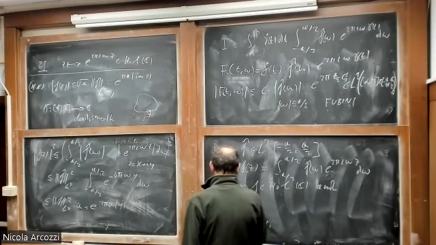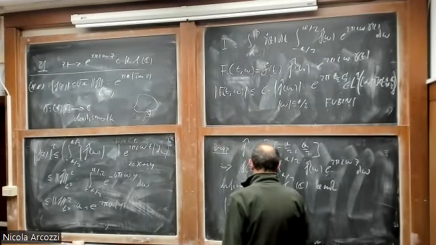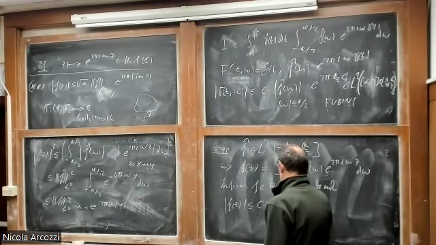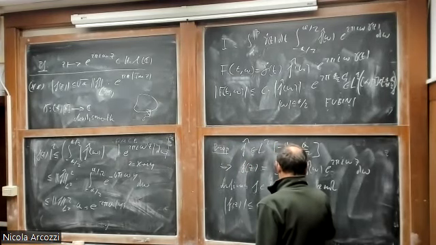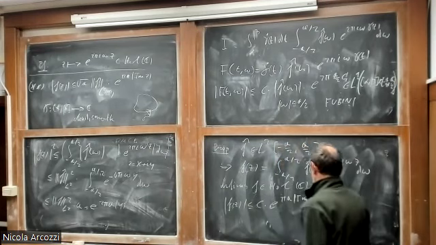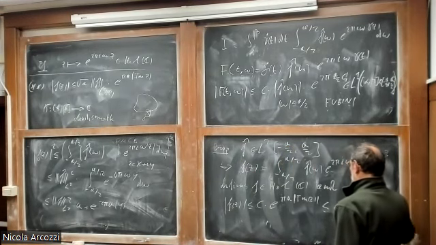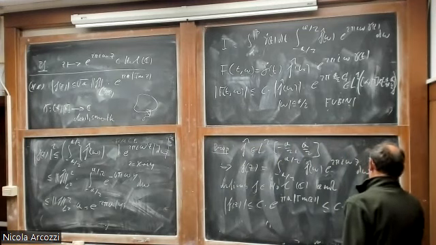It is f of z, that's less or equal to a constant times e to the pi a modulus of the imaginary part of z, which is pi a modulus z.